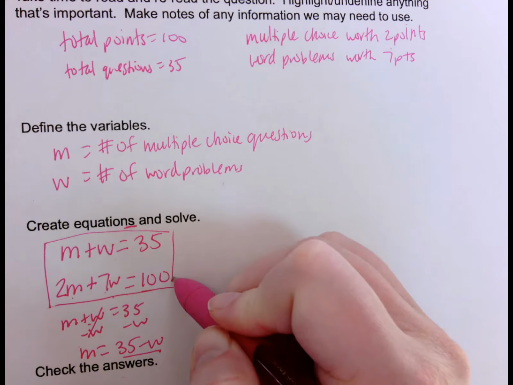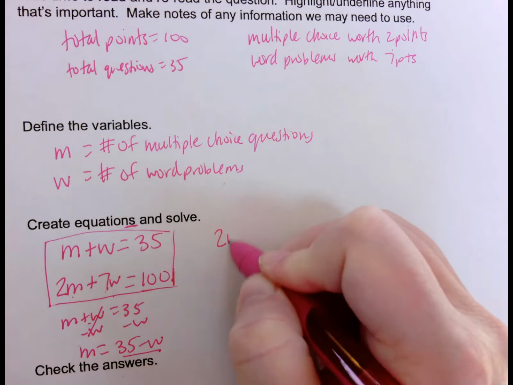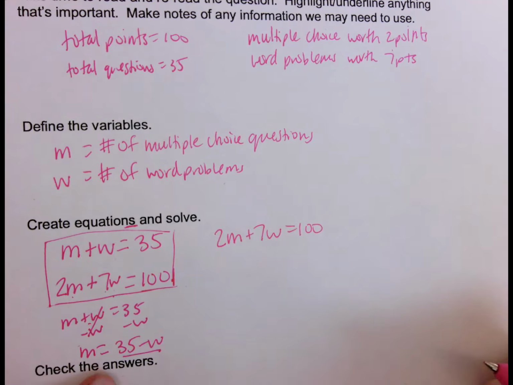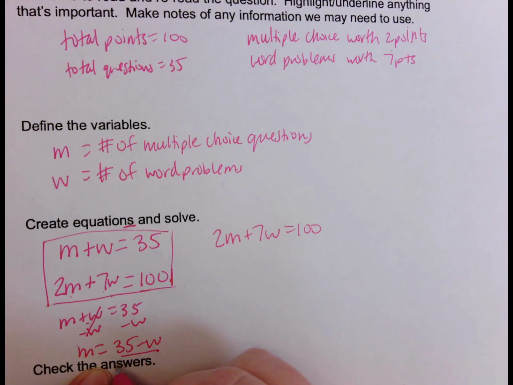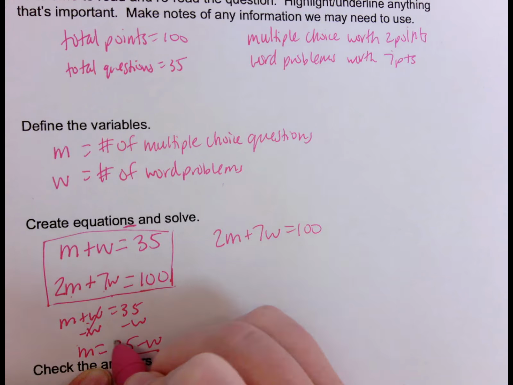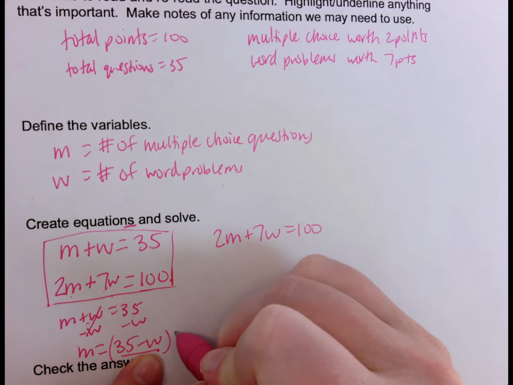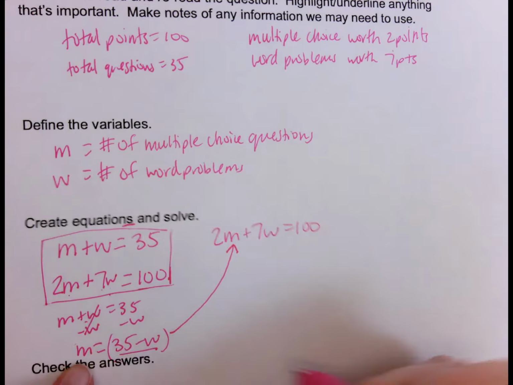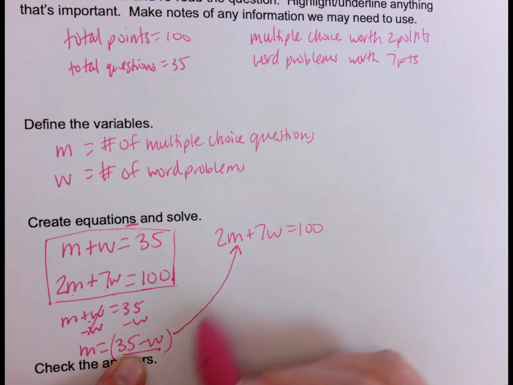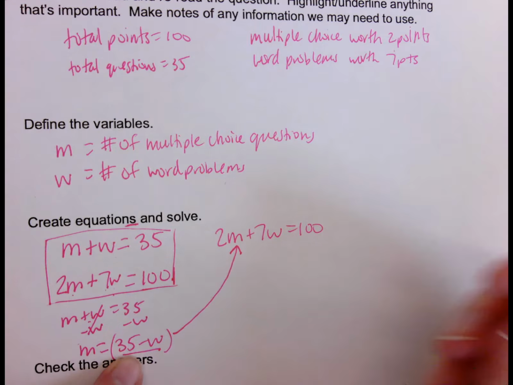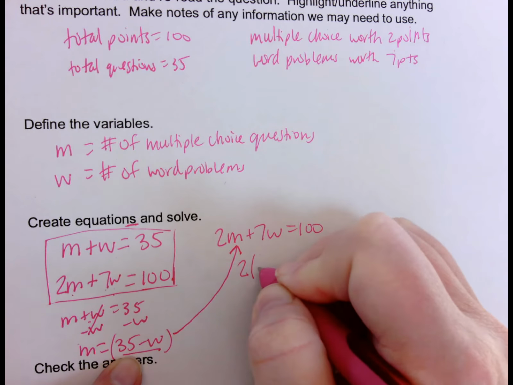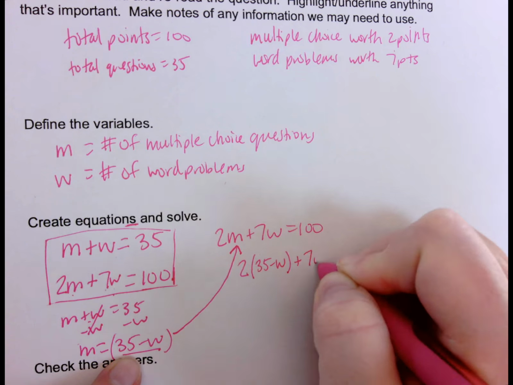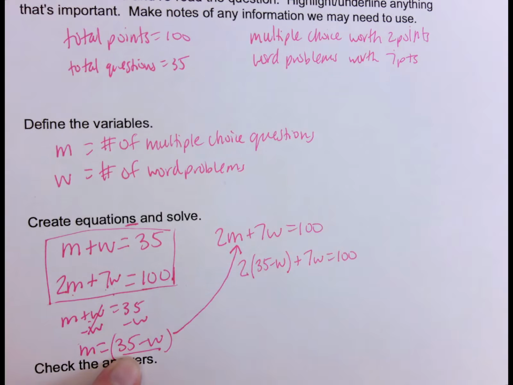So I'm going to take this second equation, 2M plus 7W equals 100. And what I'm going to do is I know that M is equal to 35 minus W. So I'm going to plug it in for the value of M. So instead of M, I'm going to actually substitute this expression 35 minus W. So 2 times 35 minus W plus 7W is equal to 100.